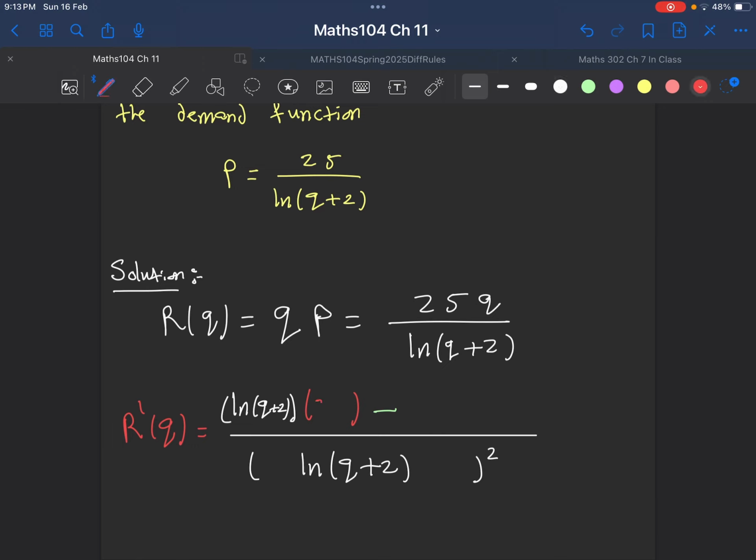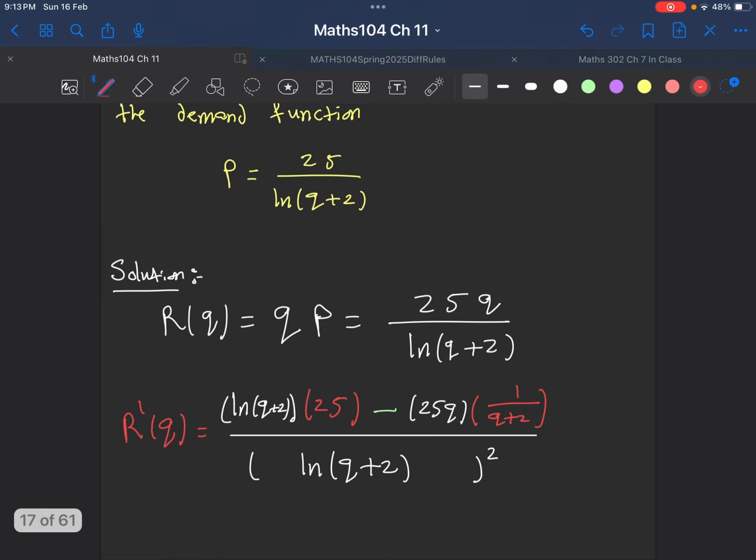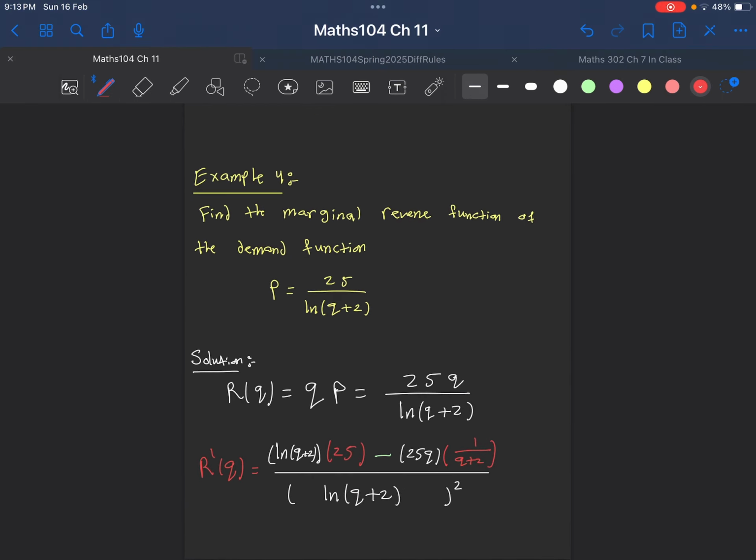And then we find the derivative of the numerator, which is 25. Minus, we do the opposite. We do 25Q times the derivative of the denominator, which will be 1 over Q plus 2, and that's what will be the final answer for this question. Since we don't have values for Q, we don't need to substitute anything.